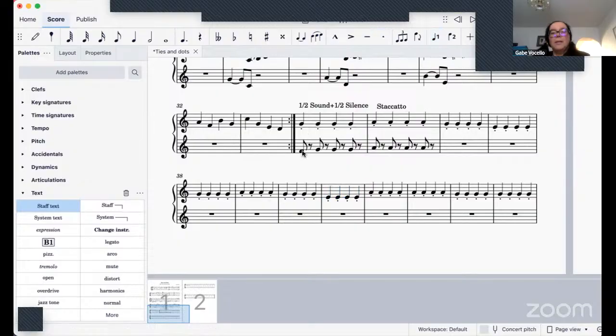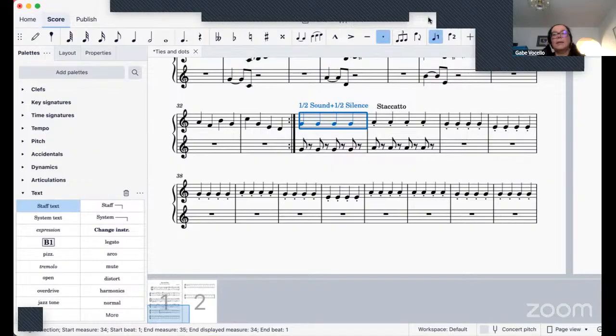What music do you think has a staccato? Don't Stop Believing. On the verse, ta, ta, ta, ta, ta.